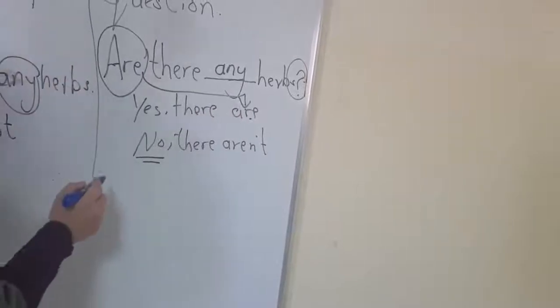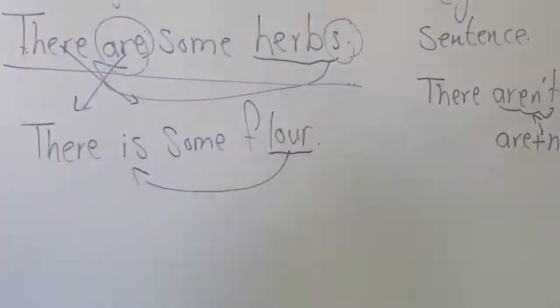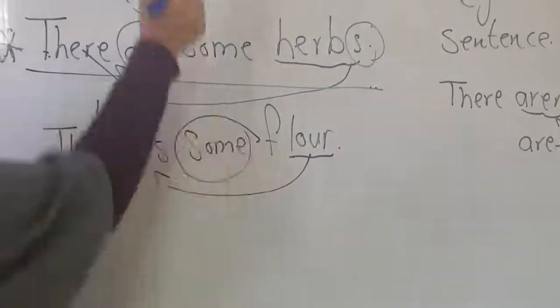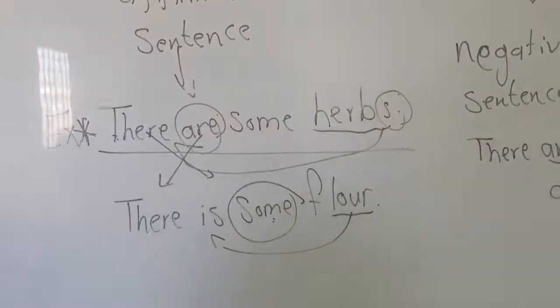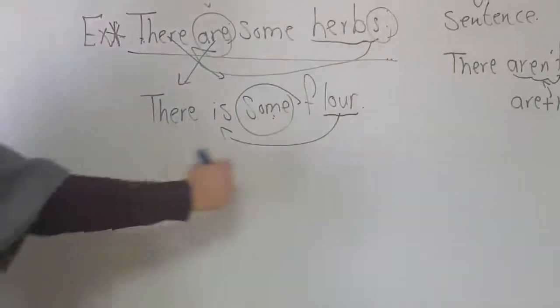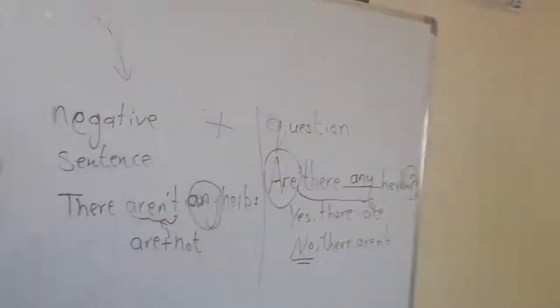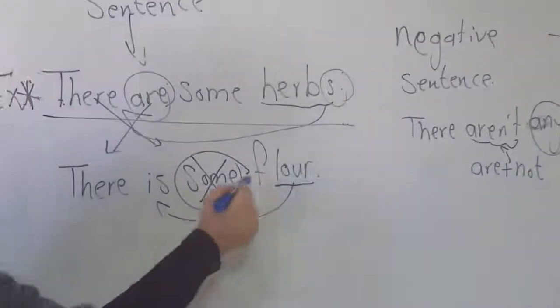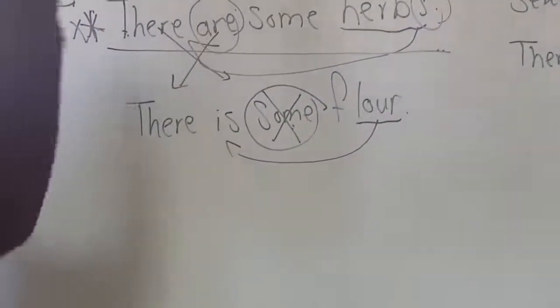For example, look at this example. There is some flower. حطينا some because it's affirmative sentence. بدي أغير some وأحط any. عشان أغير some وأحط any عندنا حلين، يا إما بحولها لنيجاتيف sentence يا إما بحولها لquestion عشان أقدر أشيل some وأحط any. أنا بدي أعمل لكم الحلين. جاهزين؟ يلا.